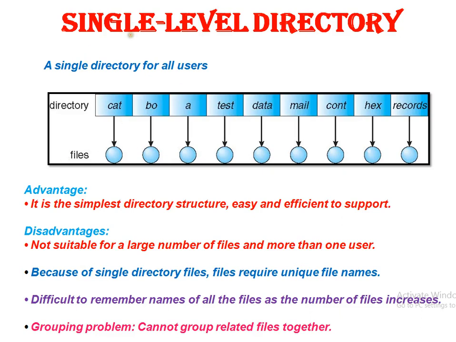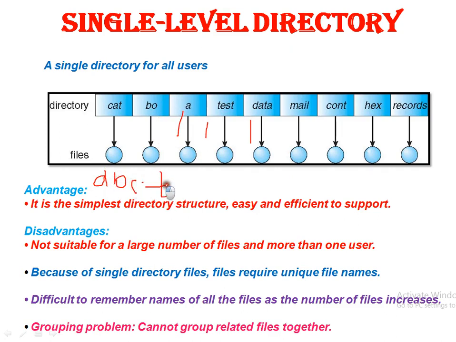What do we mean by single level directory? A single level directory is a single directory for all users. As you can see here, all these are called files. For each and every file, there is a directory. Say suppose this is the abc.txt file.